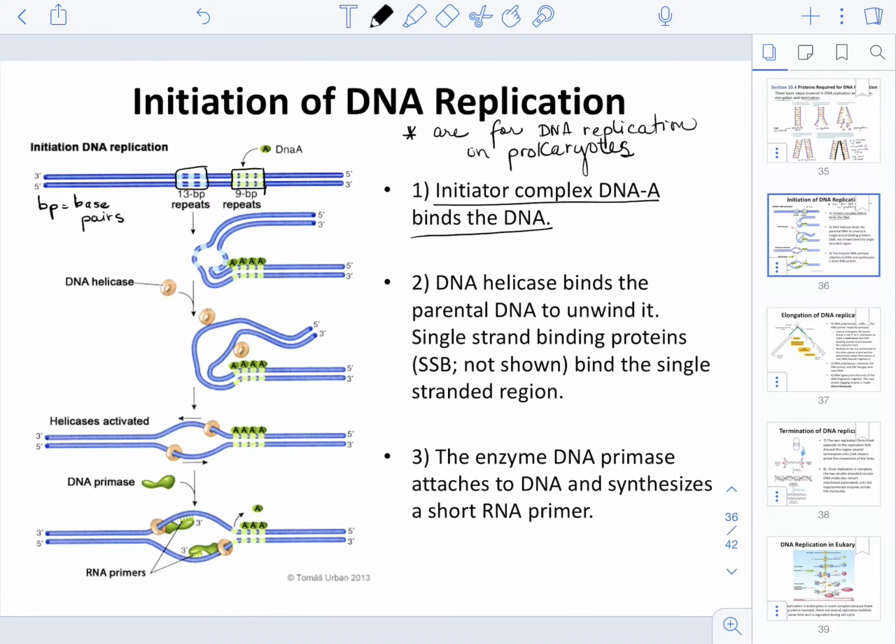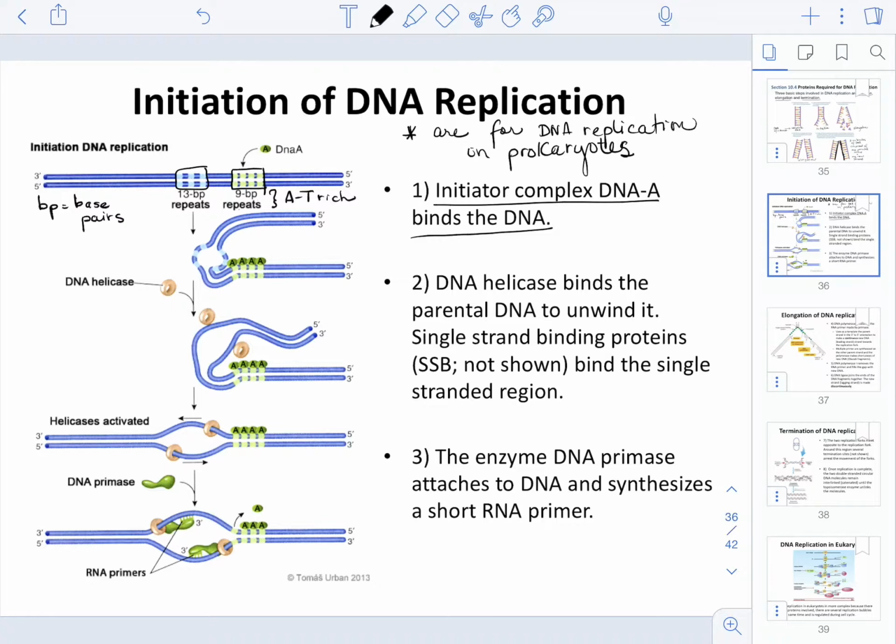And understand that these repeats are going to be AT-rich areas. Remember, adenine and thymine are two nitrogenous bases that form two hydrogen bonds. So it is hypothesized that the reason why these areas are AT-rich is because they contain fewer hydrogen bonds when compared to GC regions.